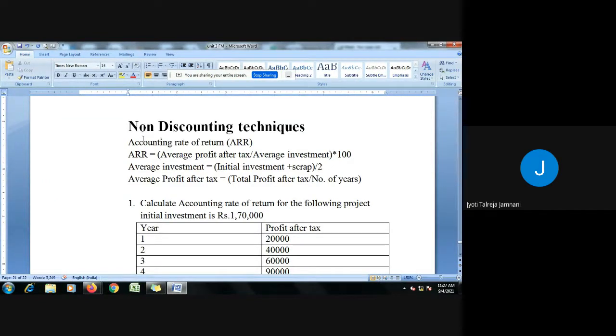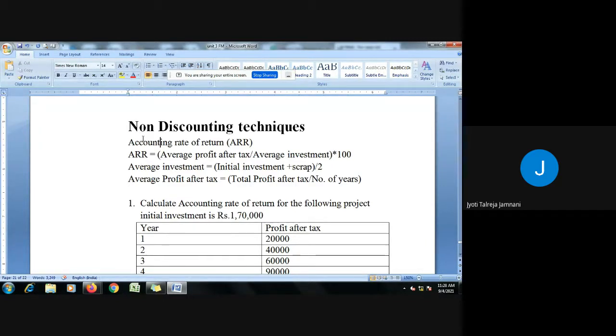That's why we call it accounting rate of return. Now, how to find accounting rate of return, or ARR? The formula is average profit after tax divided by average investment into 100. How to find average investment? Average investment is equal to (initial investment plus scrap) divided by 2, if scrap is given.